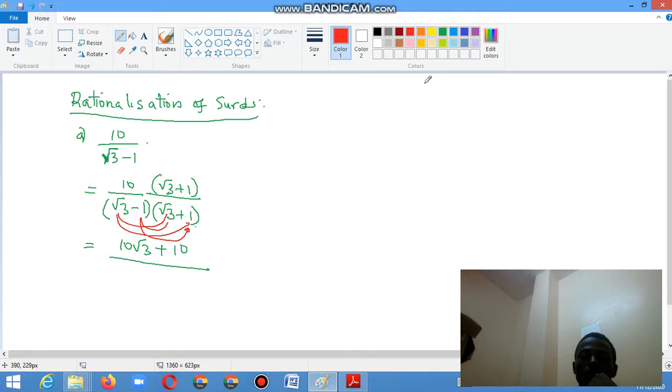Root 3 times root 3 gives root 3 squared, and the square cancels with the root, so I come up with 3. Then the next item is root 3 times 1, which gives plus root 3.